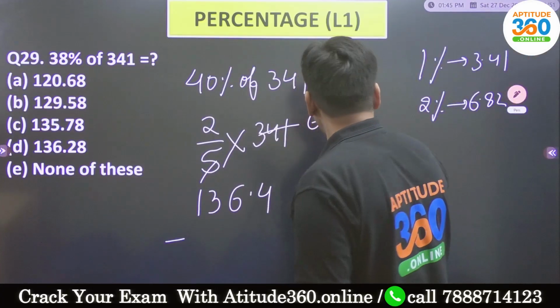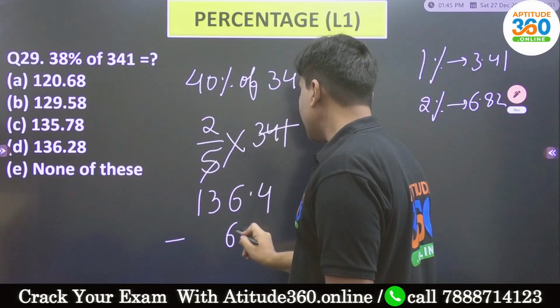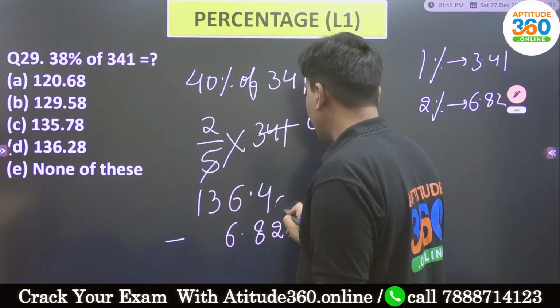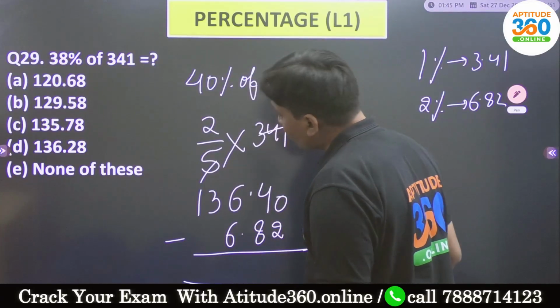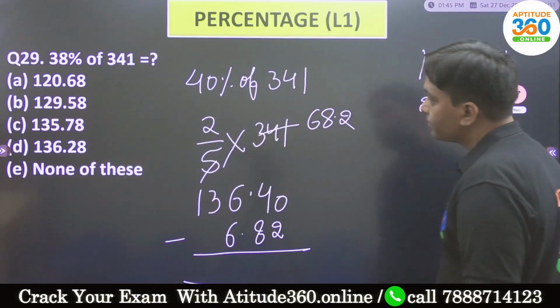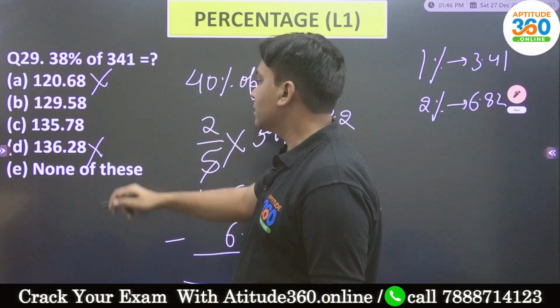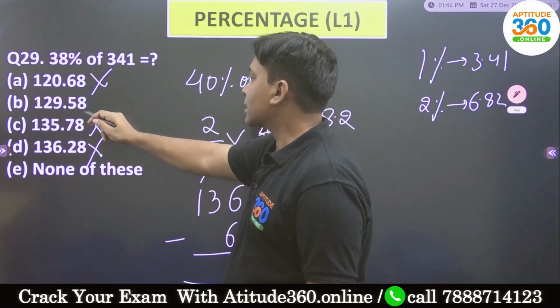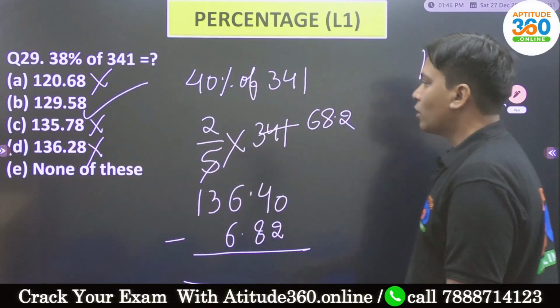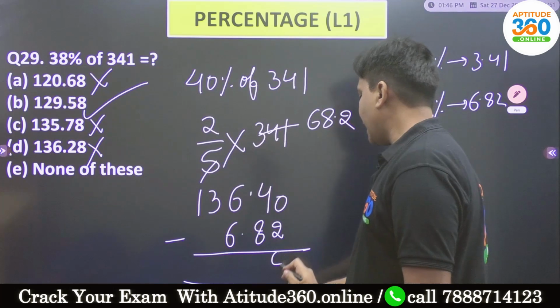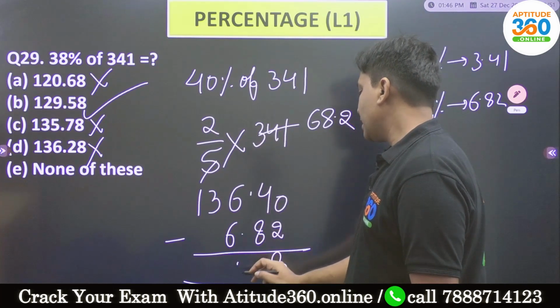You should be subtracting what value? 6.82 from here. अगर करेंगे तो आएगा कितना? ध्यान से देखते हैं. ये तो आंसर बना नहीं, ये आंसर हो नहीं सकता, राइट? ये आंसर हो नहीं सकता. What is the right answer then? Because none of these is there, you should be mindful. This is 8 and then this is 3. 13 minus 8 is 5.